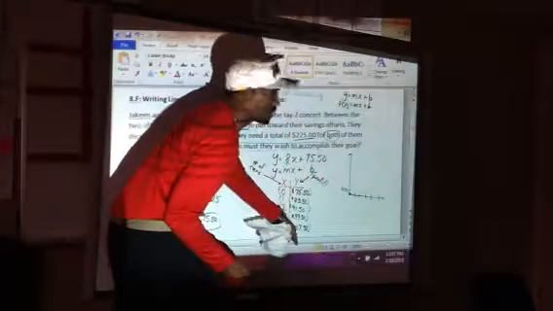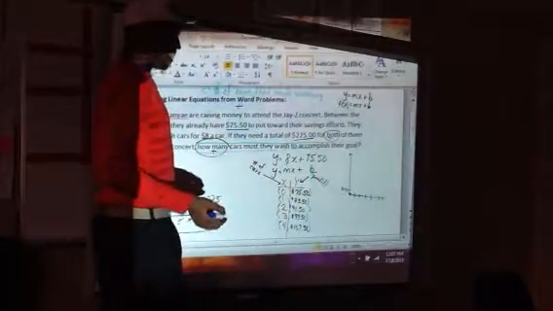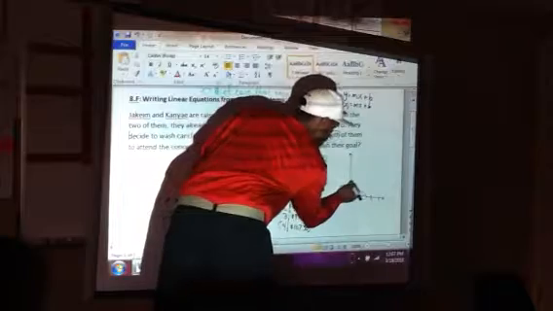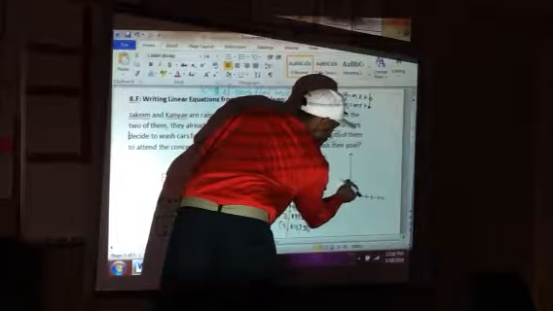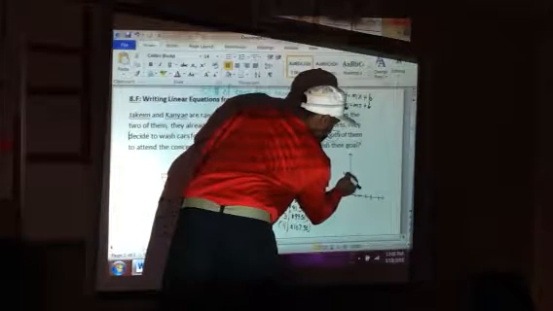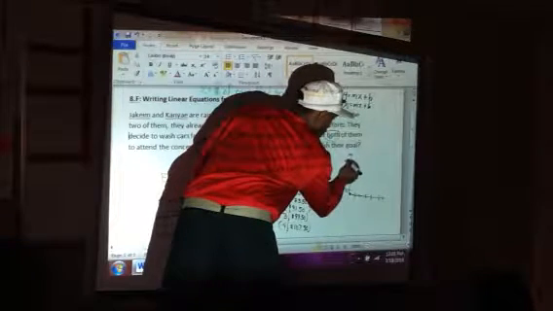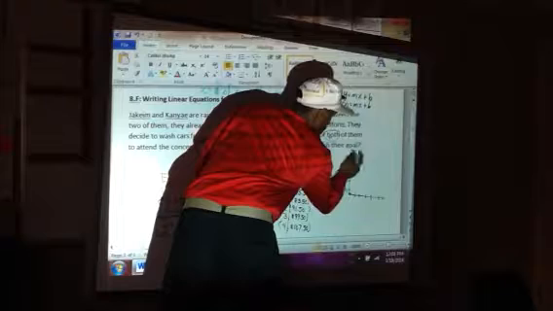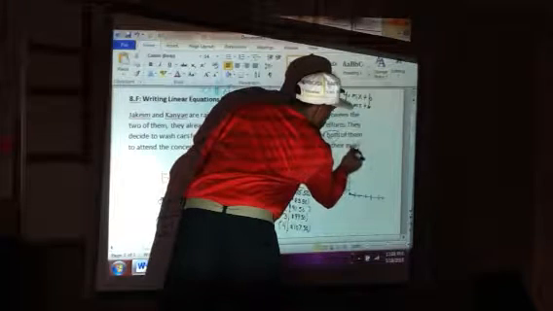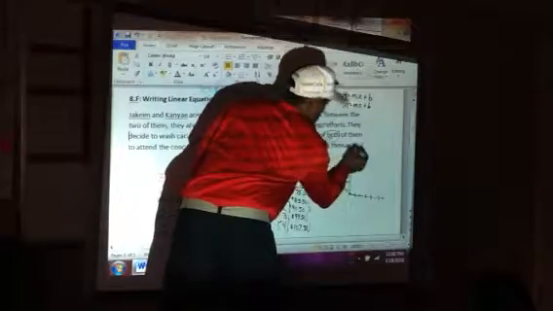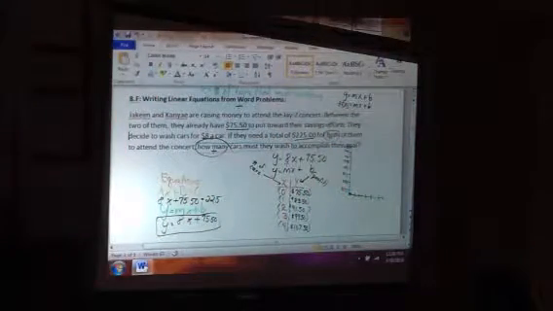My highest is 107, so what if I count by 5s? 75, 80, 85, 90, 95, 100, might even have to extend my graph a little bit, 105, 110. Okay? Won't that work?